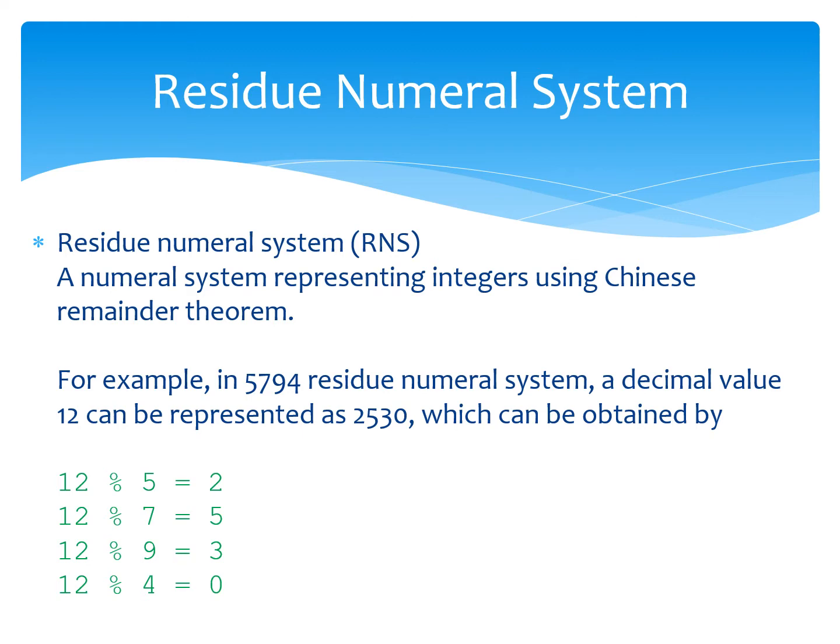Then 12 is divided by 7, and the remainder is 5. 12 divided by 9, the remainder is 3. Last, 12 divided by 4, the remainder is 0. Thus, 12 in decimal can be represented as 2530, the remainders from top to bottom.